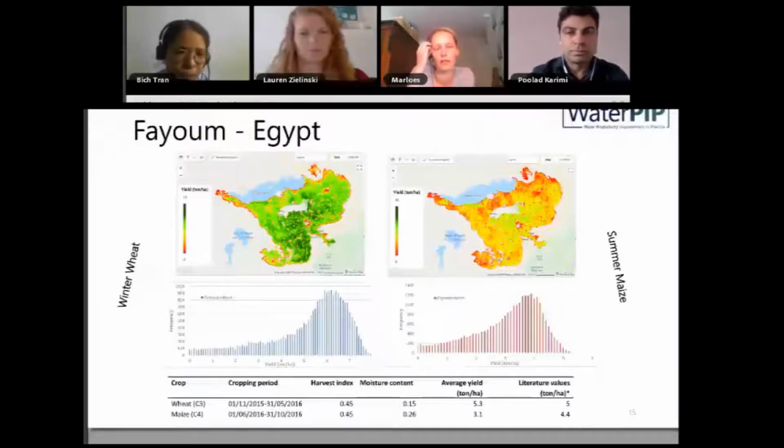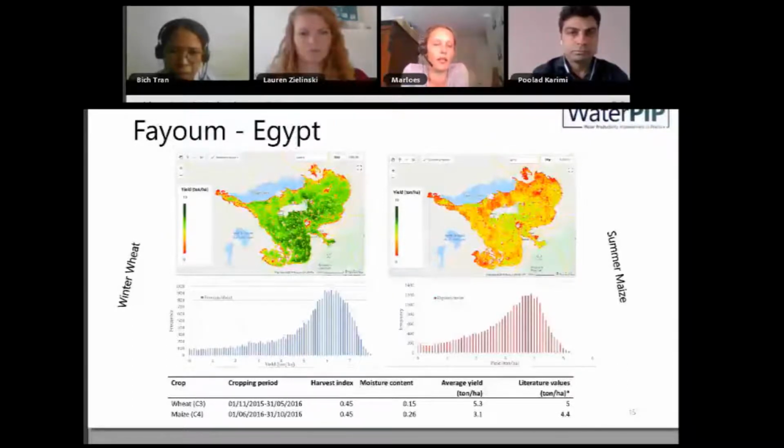We did a similar analysis in Egypt on the Fayoum irrigation system, where there are two main seasons, winter wheat and summer maize. And here the average from WaPOR, we calculated, for instance, for wheat 5 ton per hectare, and the literature gave 5 ton per hectare. Maize was a bit underestimated at 3 ton per hectare, but also the literature value was slightly higher.